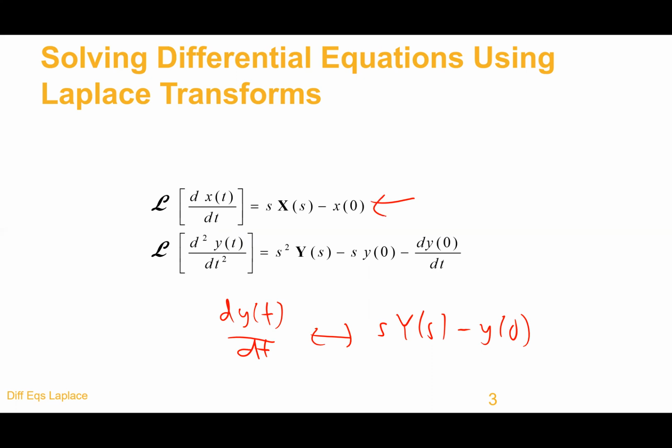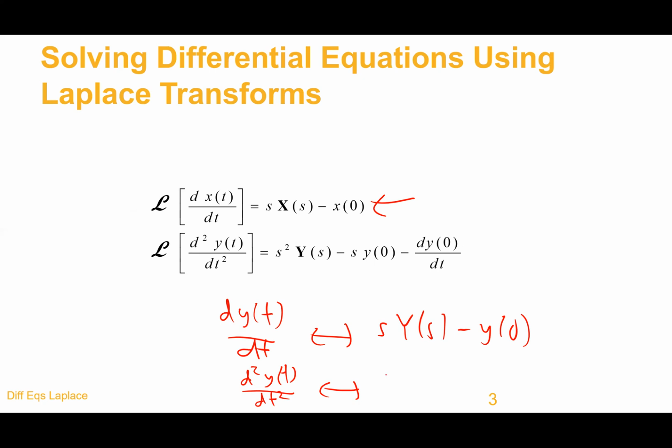And then if you want to differentiate again, what do you need to do? You need to take the Laplace transform of this one. So if you want d squared y(t) over dt squared, what should go there? What did we do on the left-hand side? We took a derivative.